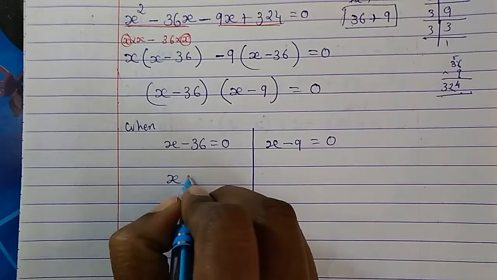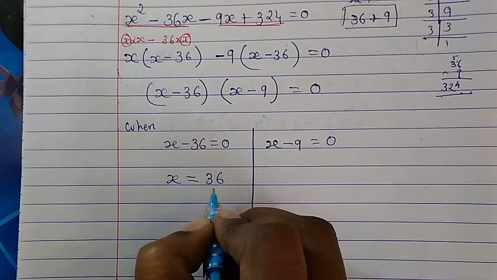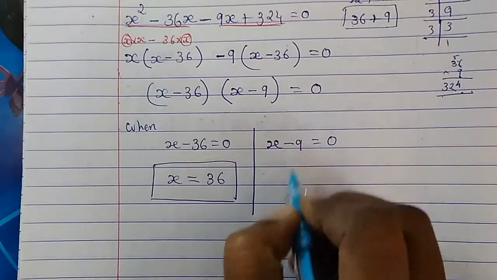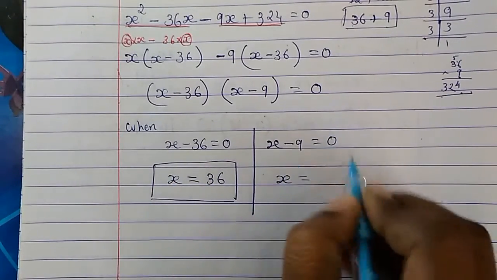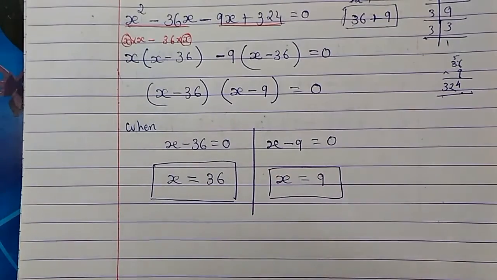So x minus 36 comes this side, becomes plus 36. This is one root. Here x minus 9 comes this side, becomes plus 9. Hence, these are the two roots of this given equation.